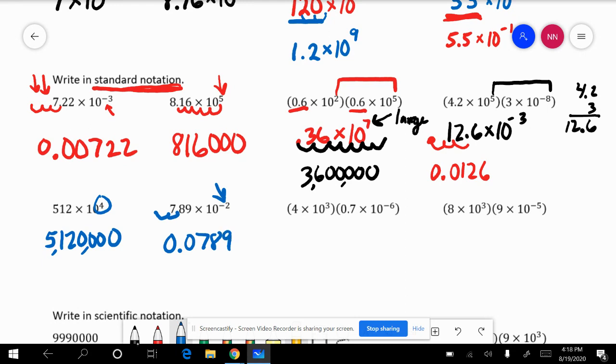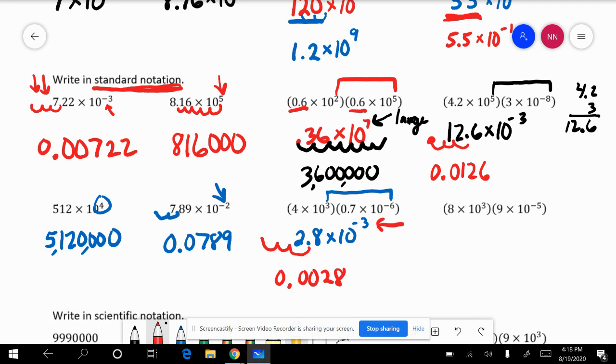For the next one, 4 times 0.7 is 2.8 times 10. Whenever we multiply, we add exponents. So that would be negative 3. Since it's a negative exponent, I'm going to make a small number. So I'm taking the decimal, I'm moving it over 3, and I get 0.0028.